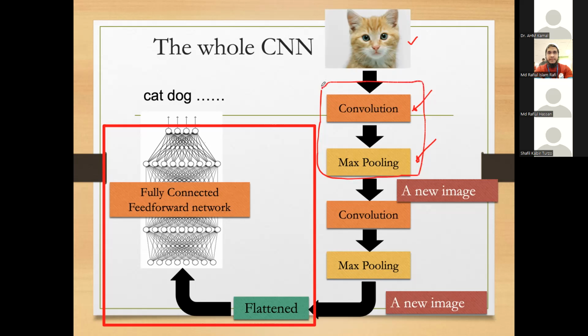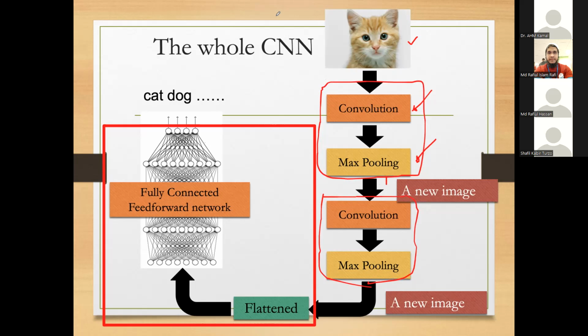Then I will do another convolution and max pooling on whatever result we get. You can do many convolutions and max poolings together, not only 1 or 2. Okay. Kamal.